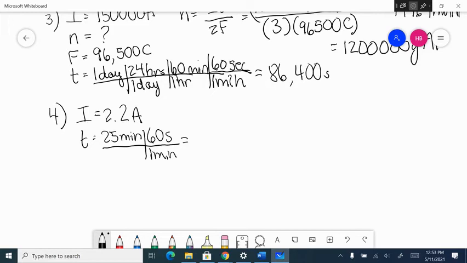And they gave us a mass of 0.60 grams of chromium, which I will change right away to moles, using the molar mass from the periodic table of the elements. For chromium, that is 52.